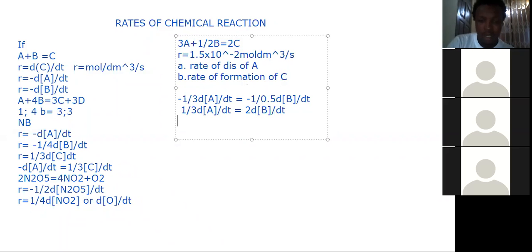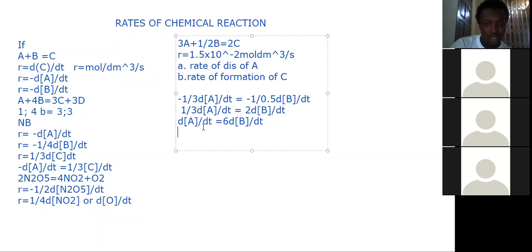Now the question is you should find for the rate of disappearance of A. So you have to make this one stand on its own. To make this stand on its own, you just multiply this by 3, so that we get dA slash dt is equal to 6 dB slash dt.